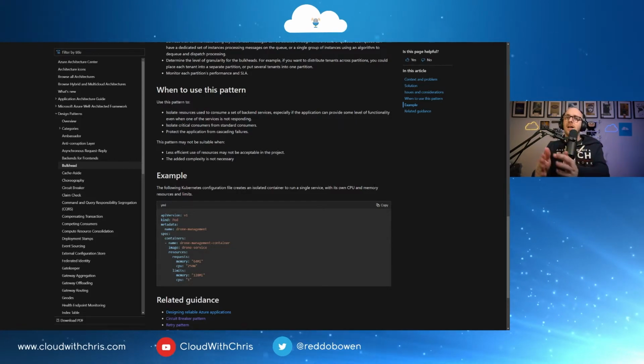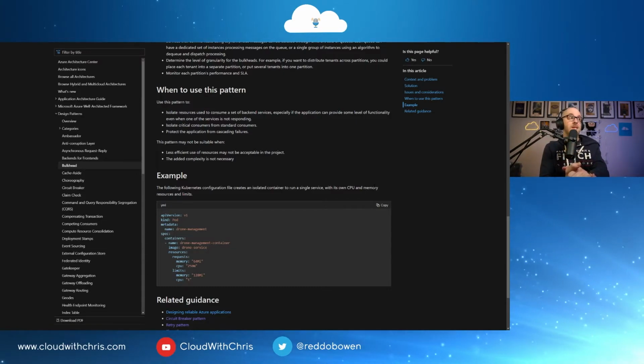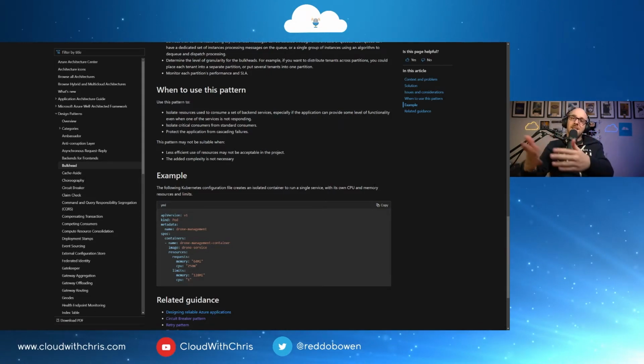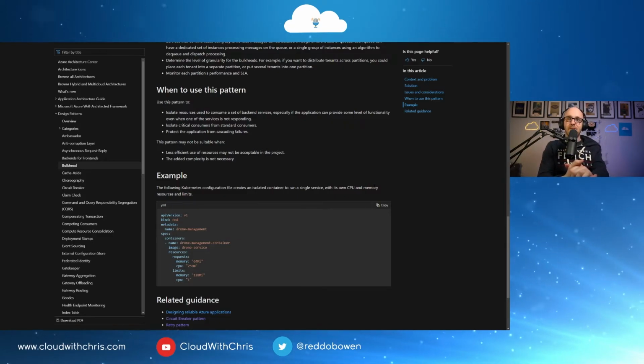Ultimately, when you want to isolate those resources, or rather a set of back-end services across those resources, especially if you want to make sure you eliminate cascading failure and that each of these can operate independently of each other. That's going to be one of those main call-outs there.